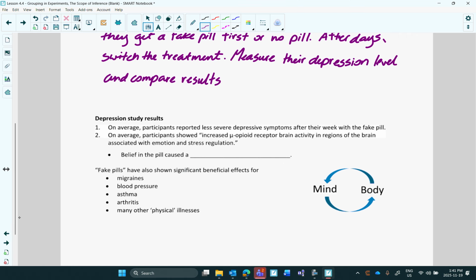And they showed, well, this is fancy science stuff, increased opioid receptor brain activity in regions of the brain associated with emotion and stress regulation. So what happened is the belief in the pill caused change. Okay, and it caused a biochemical change, however it was measured.